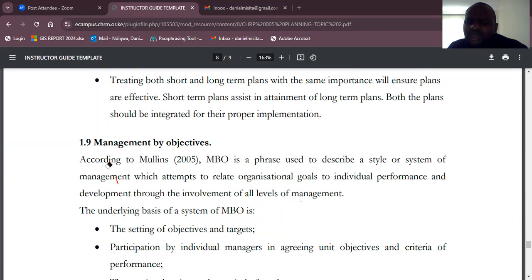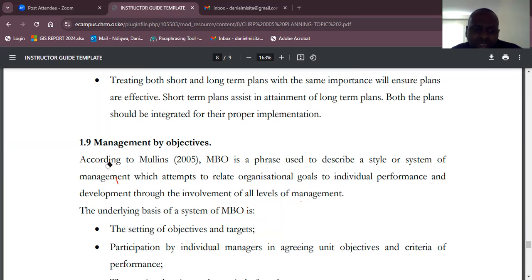Therefore, once you understand your organizational goals and incorporate individuals in those goals, at the end of the day you'll be able to achieve more.